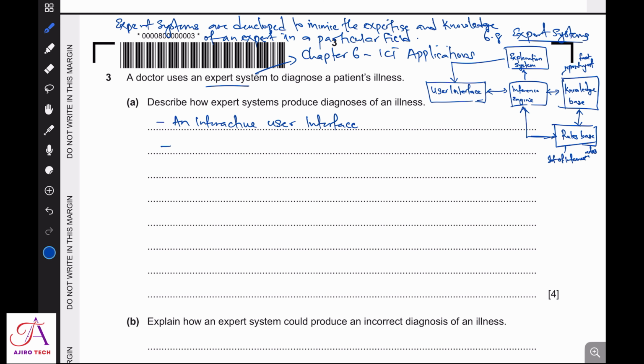The interactive user interface is to ask the user questions. You have to explain literally everything, or put the key points.